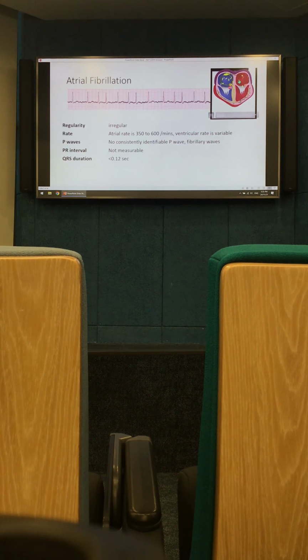And these multiple foci will randomly transmit to the AV node, and therefore your patient will record narrow complex QRS, irregular, because they're different from the atrium. But because of the fibrillation within the atrium, we will record fibrillatory waves before the QRS. So the characteristics of AF are narrow complex, irregular, and fibrillatory waves before the QRS.